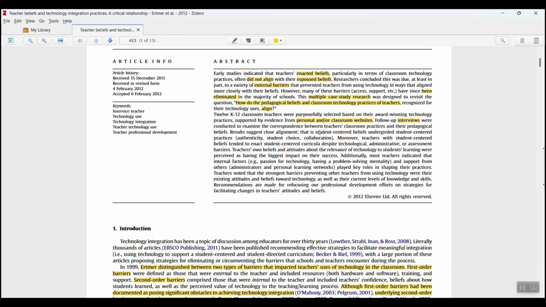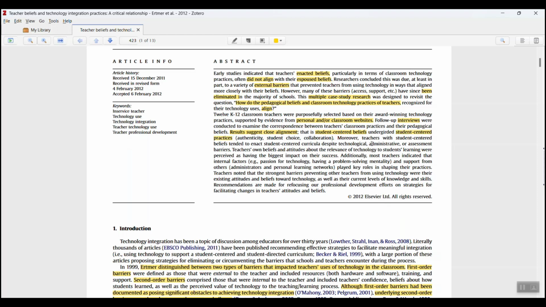So comparing these two data sets, the authors got to measure the difference between the two. And the results suggest close alignment, which basically says if the teachers hold student-centered beliefs, they were more likely to conduct student-centered practices.